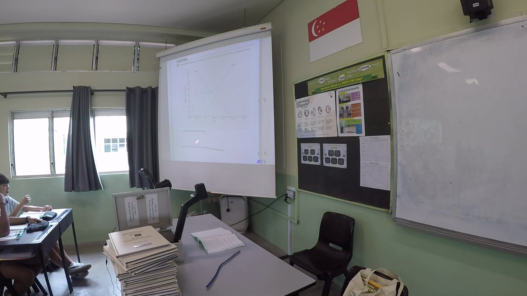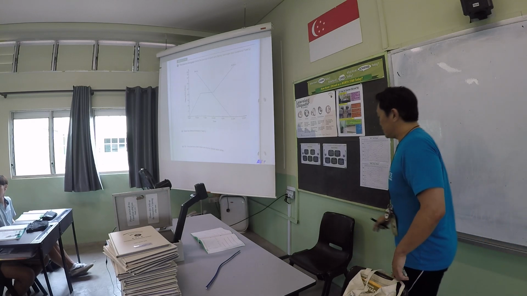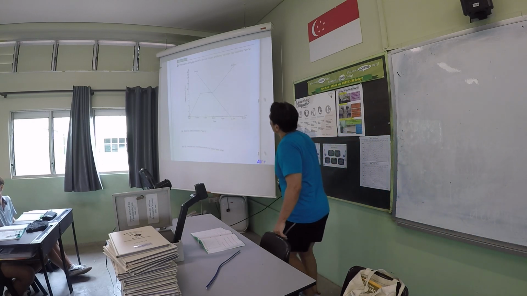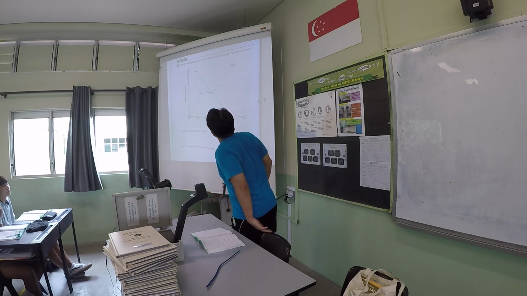So if we want to state the distance between P and Q, it is this distance from here to here. How much? I cannot see it. 15.2.